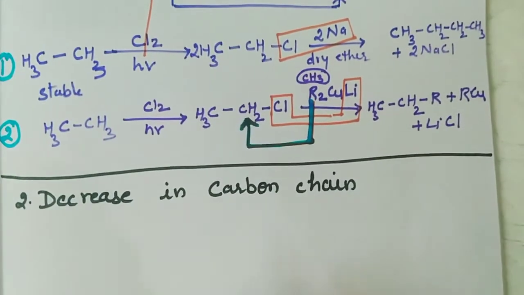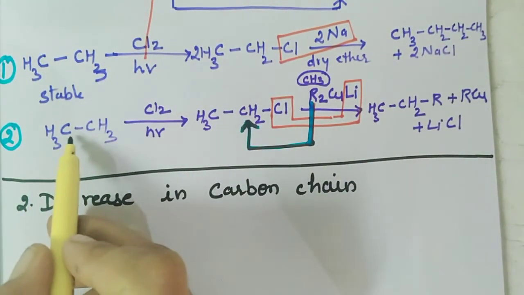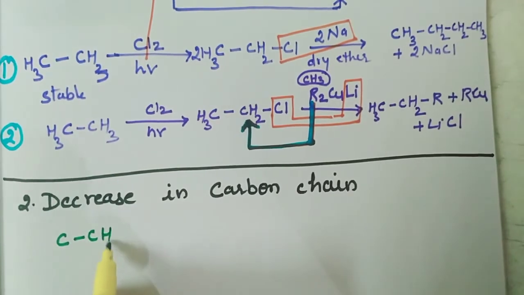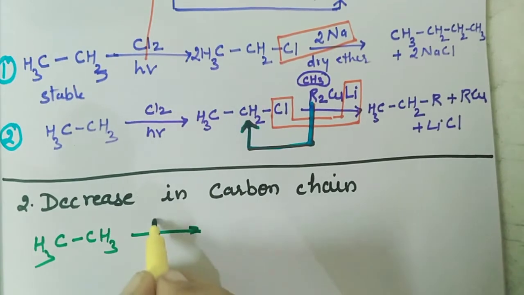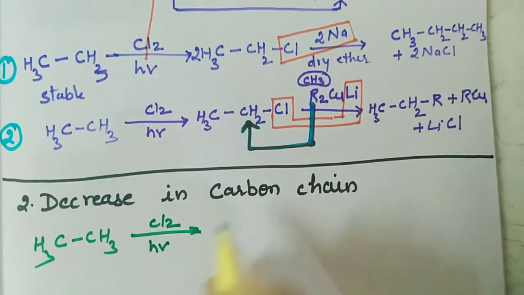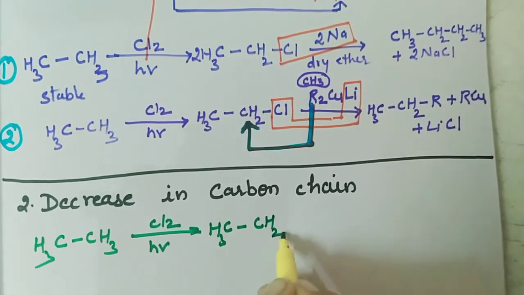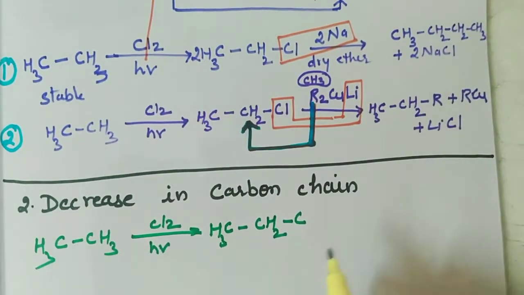Now how to decrease any carbon chain. Okay, now decrease in carbon chain. Here again we are taking 2C. The same, we have to activate it. We will be activating it by halogenation and we will be getting here alkyl halide. This is a stable compound. We have to convert it into an unstable compound.